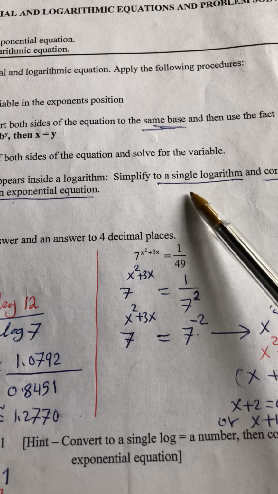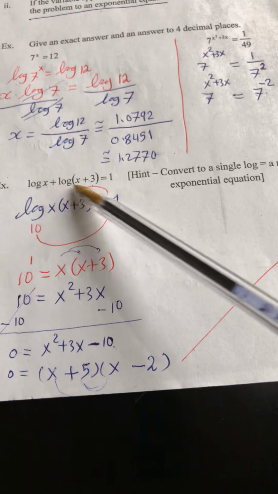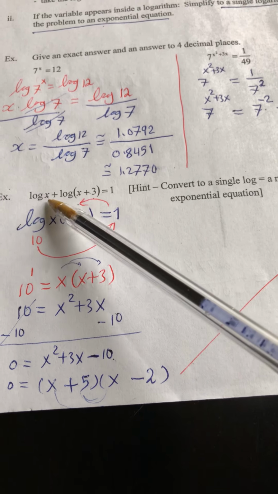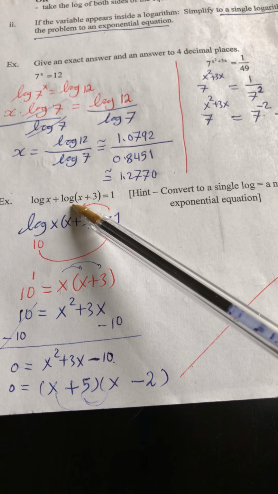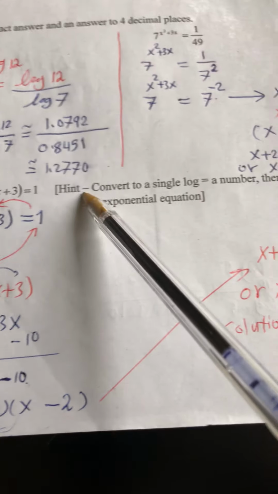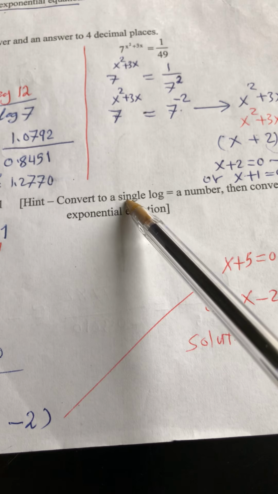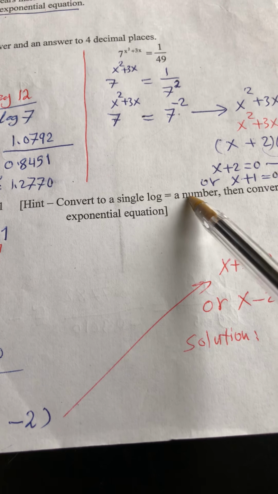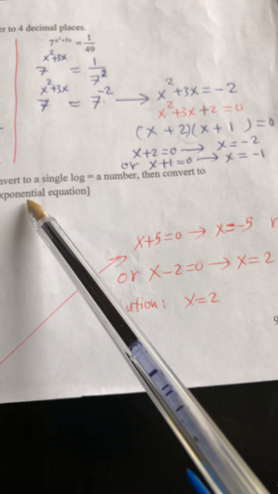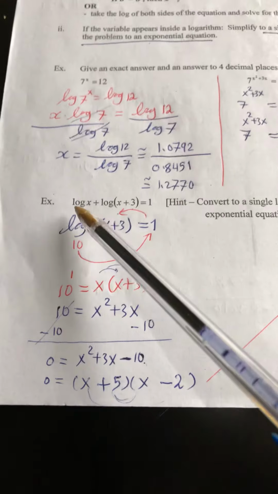So try to make the sum of these two logs a single log. Use the properties of logarithms. Here is the hint: convert to a single log equal to a number, then convert to an exponential equation.